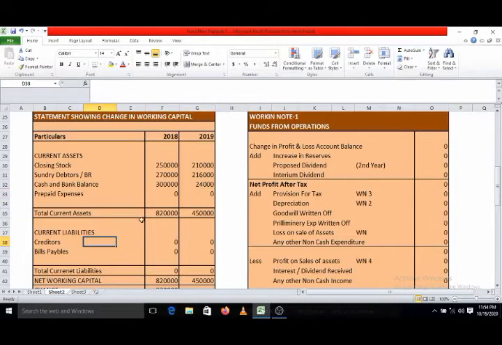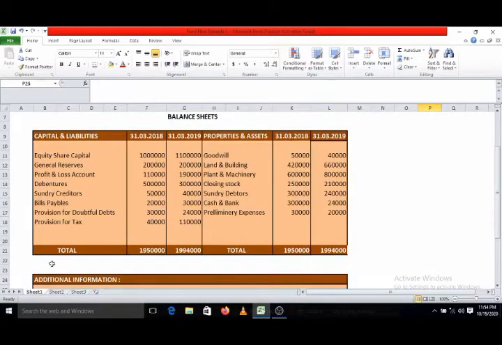Now we have total current assets of 2018, 8,20,000, and of 2019, 4,50,000. Next, out of these total current assets, we have to deduct current liabilities. Check out the liability side: sundry creditors and bills payables are there.